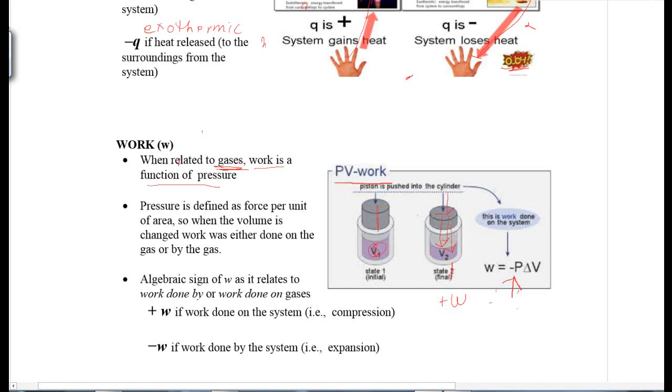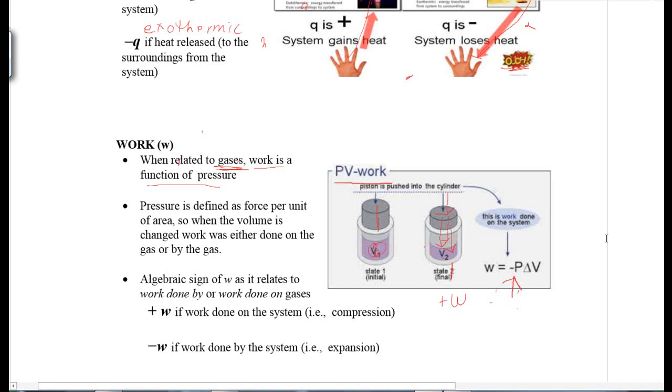Okay, so if I started here, and this was V1 and this is V2, and I cause more gas to be formed, then it's going to push the piston up, and then I have my system doing work on the surroundings. You can think about the piston as the surroundings. It's doing work on the piston, and that would be negative work. The system is losing work to the outside.